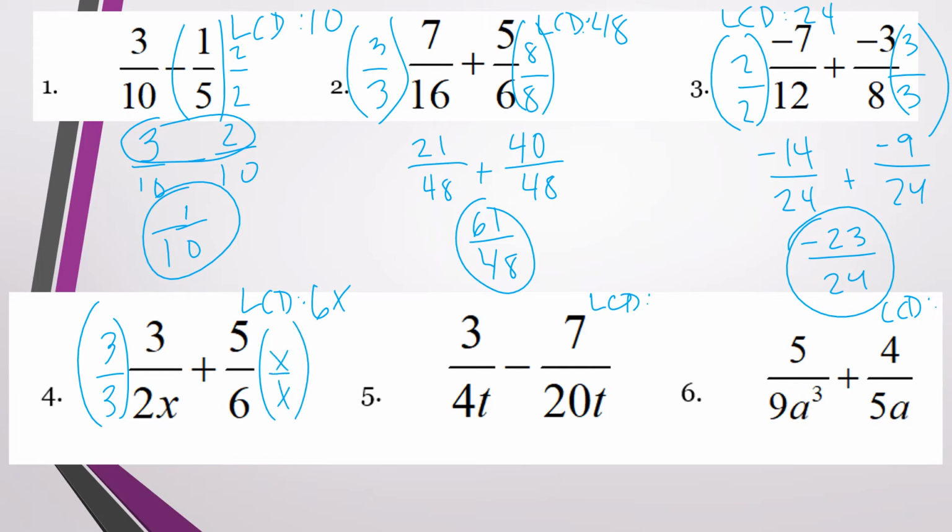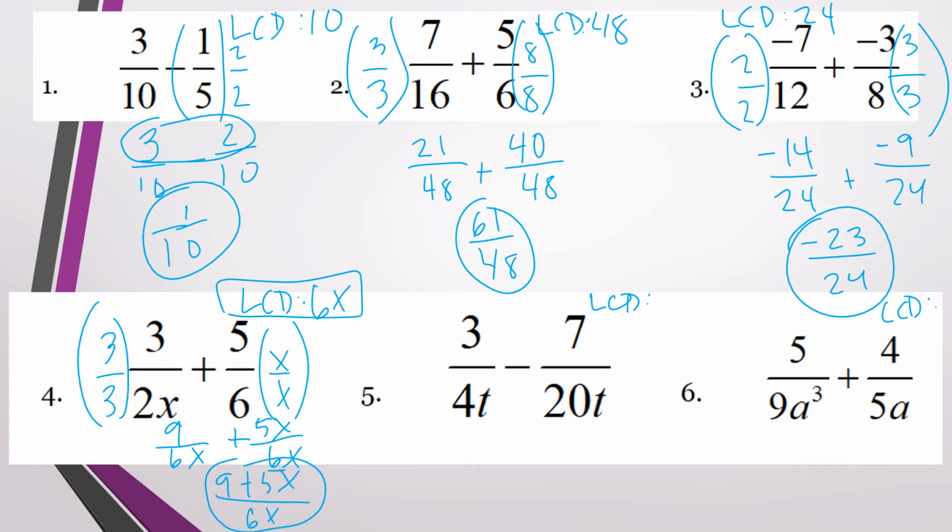You need to multiply whatever is missing in order to get your LCD. 3 times 3 is 9 over 6x, and then 5 times x is 5x over 6x. And then just put that into one single fraction.